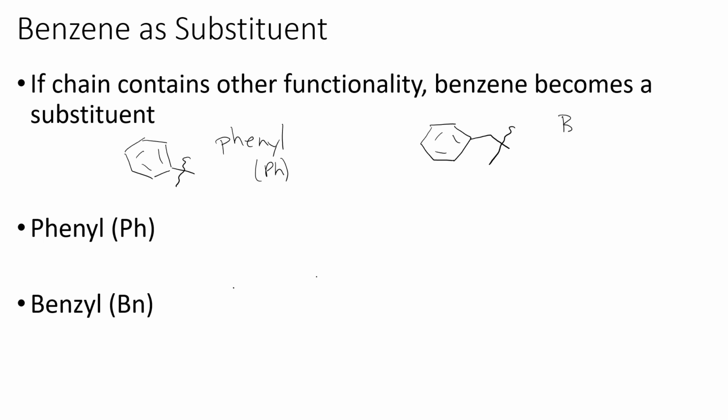This is a benzyl substituent. You will see this abbreviated Bn potentially as you're going through very large structures. So this is when the parent chain has other functionality and is very large in comparison to the benzene ring. So we would name that benzene ring as a substituent, so the phenyl group or the benzyl group.